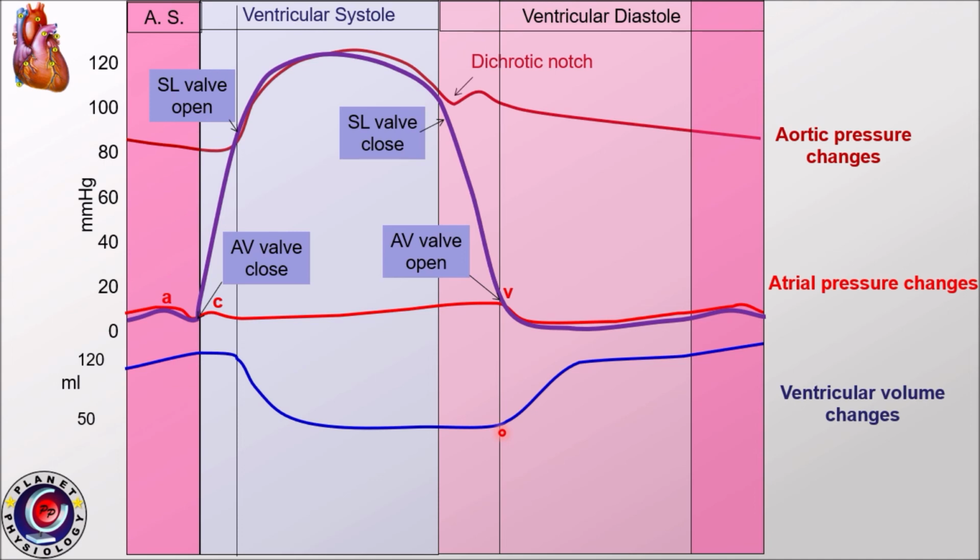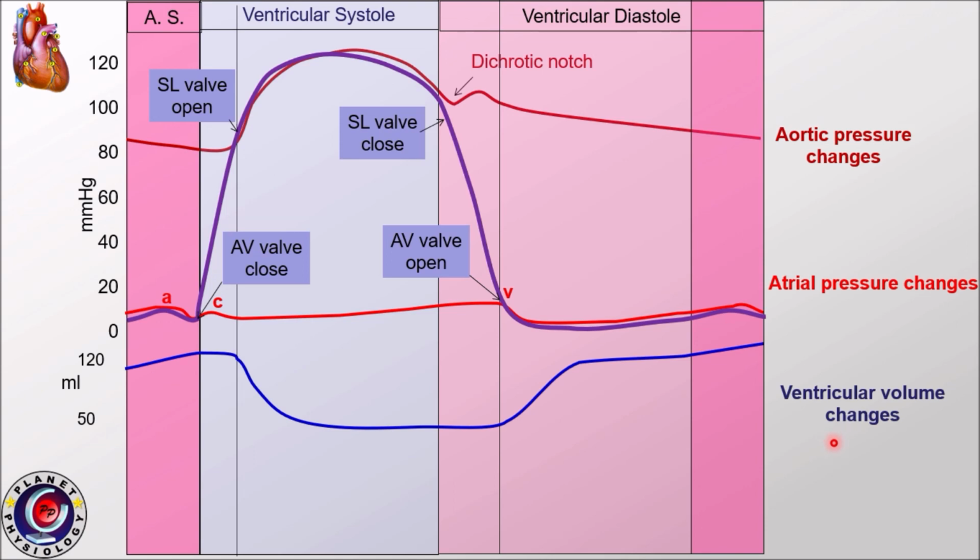At the end of isovolumetric relaxation, when the AV valves open, the ventricles start receiving blood and the ventricular volume rises. This rise in the volume is greater in the beginning during the first rapid filling phase, and later during diastasis there is a plateau, there is not much change, and then a further rise in the volume during the second rapid filling phase, that is during atrial systole. So these are the ventricular volume changes during the cardiac cycle.